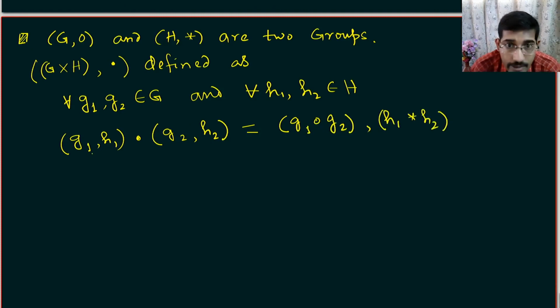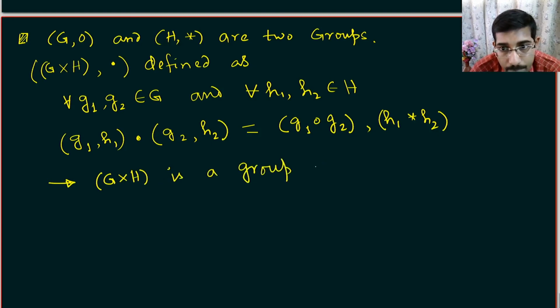So this is how we operate on tuples from G cross H. So finally what we receive here is that this is a direct product we formulate over this binary operation.